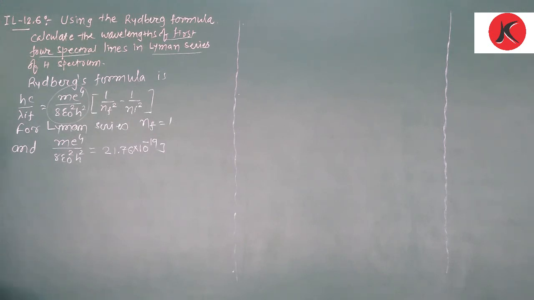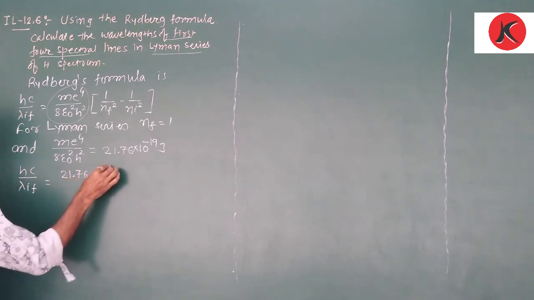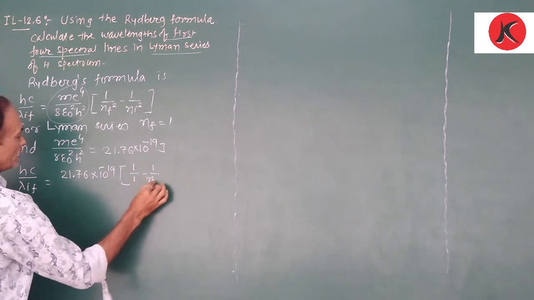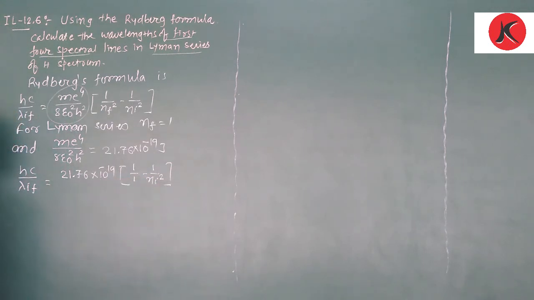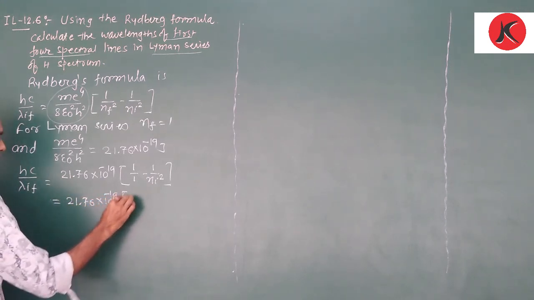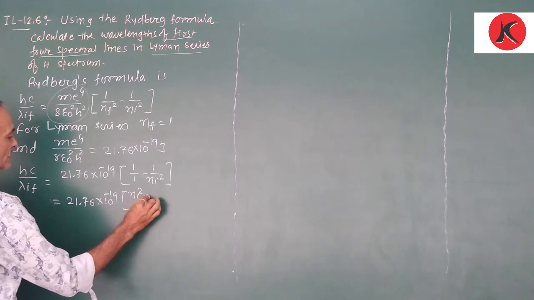Therefore, considering this value, hc upon lambda if is equal to 21.76 into 10 raised to minus 19 into 1 upon 1 minus 1 upon Ni square. Taking hc to this side, it is equal to 21.76 into 10 raised to minus 19, and here Ni square is the LCM, so Ni square minus 1.